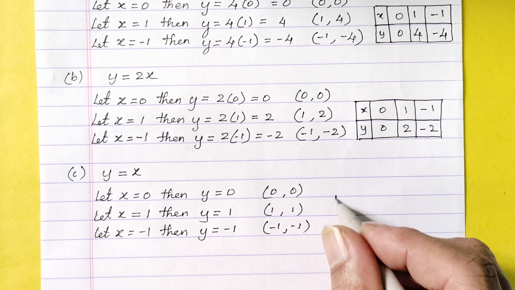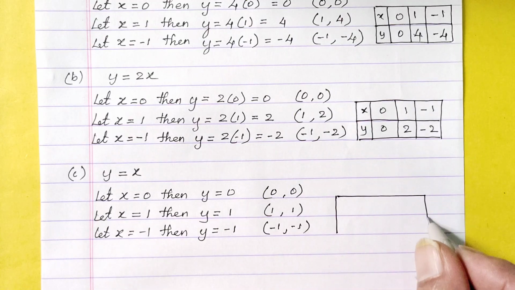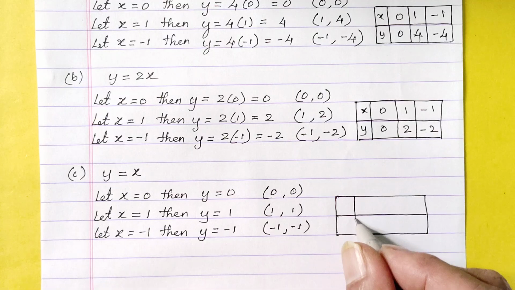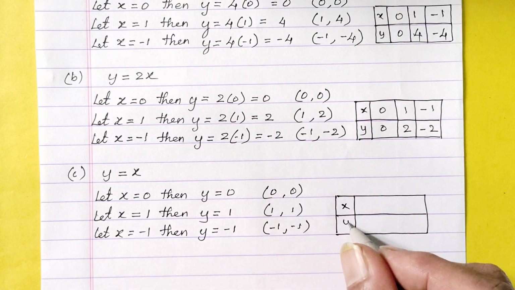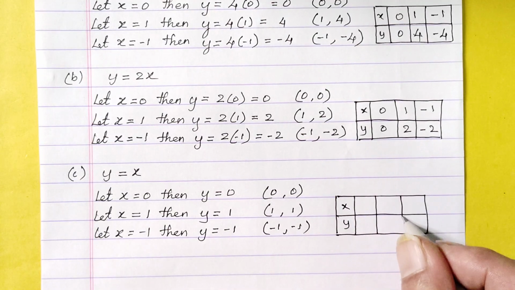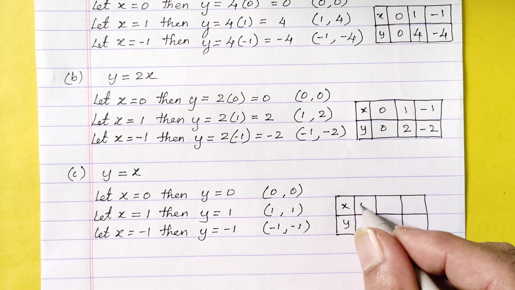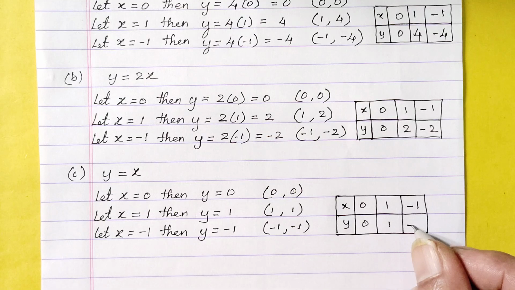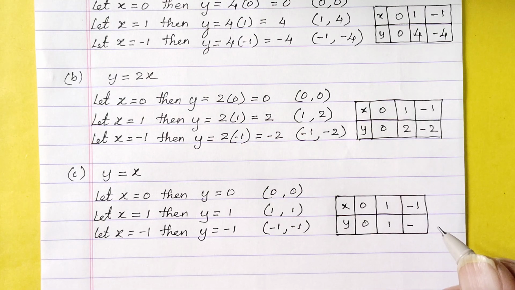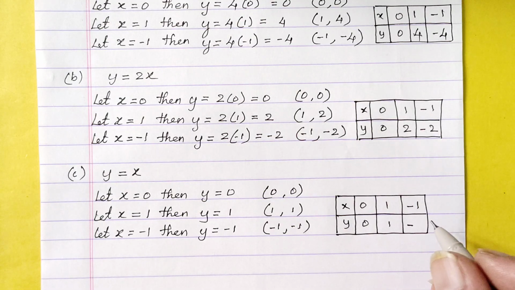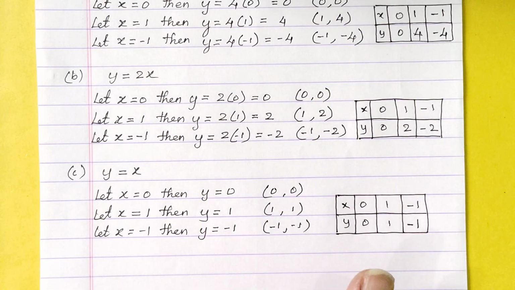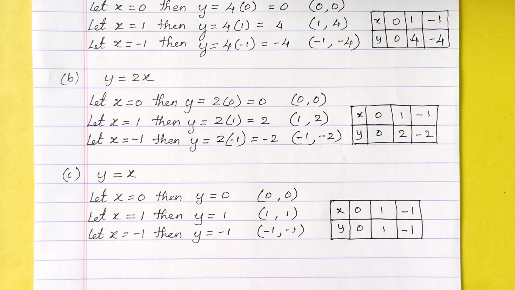So in the box, x, y: 0, 0, 1, 1, minus 1, minus 1. So now we should go for plotting. We will plot the three graphs.